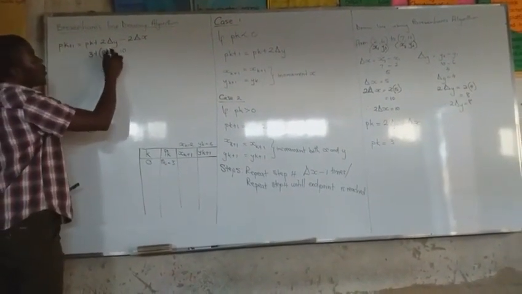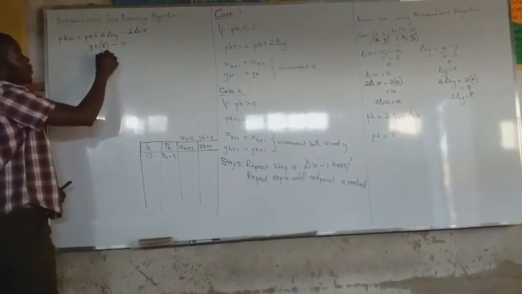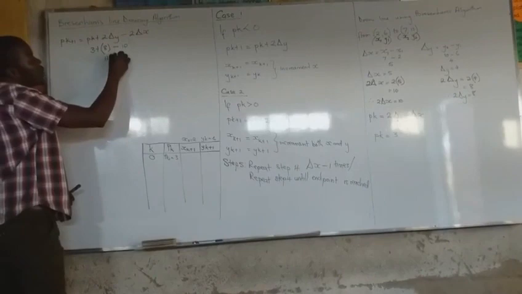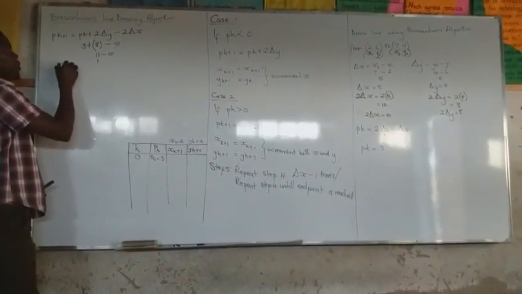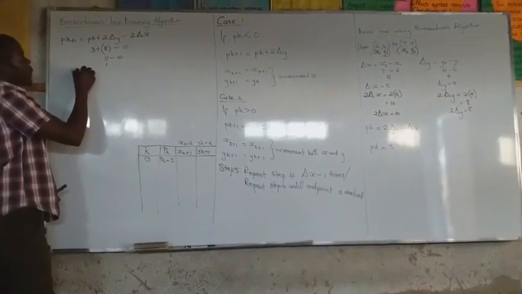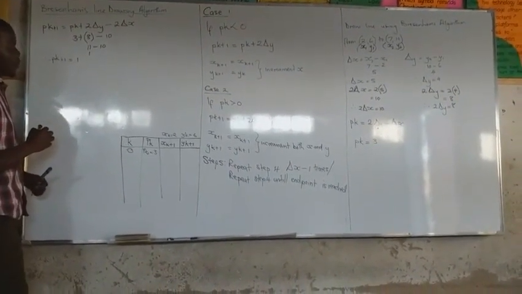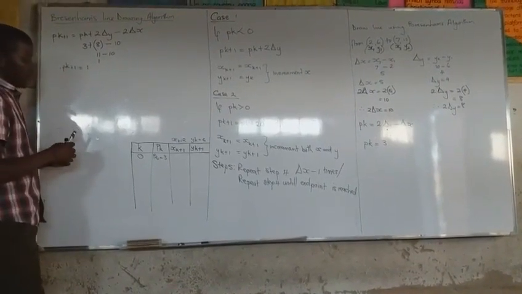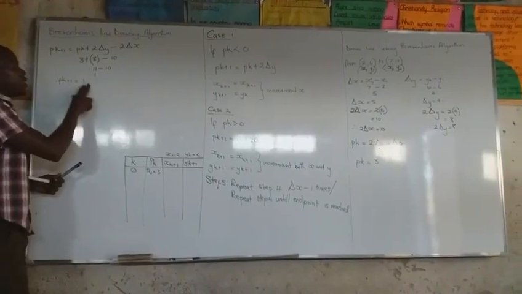So let's subtract here. 3 plus 8, we get 11, subtract 10, 1. Therefore, the next decision parameter is equal to 1.